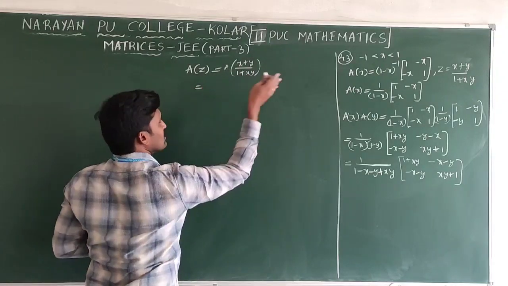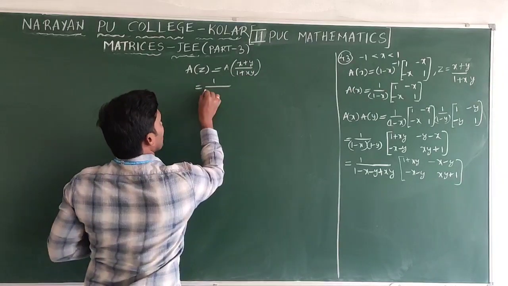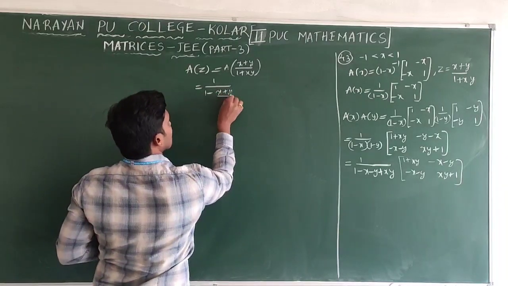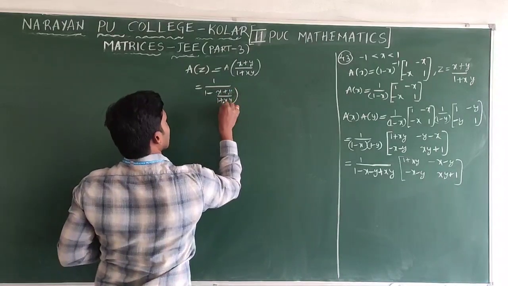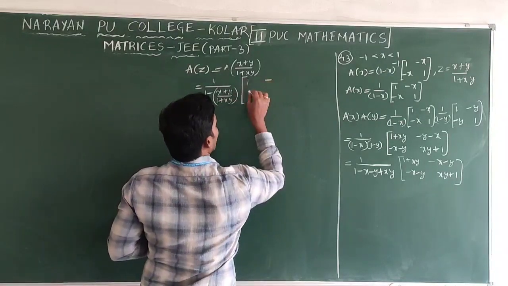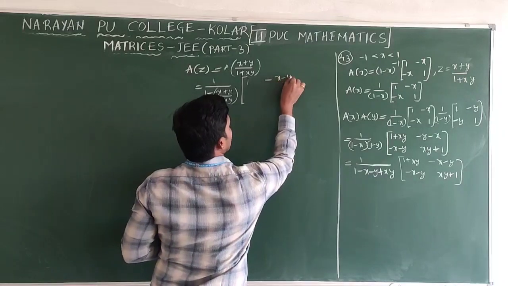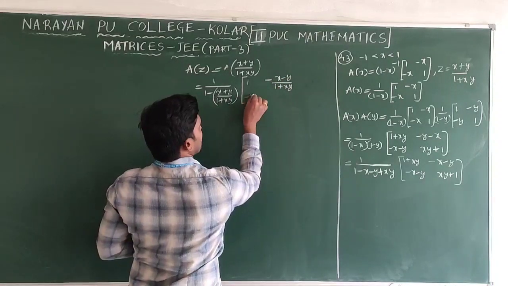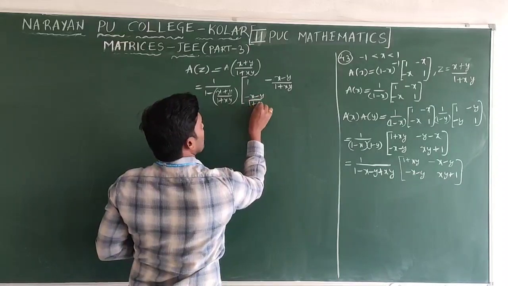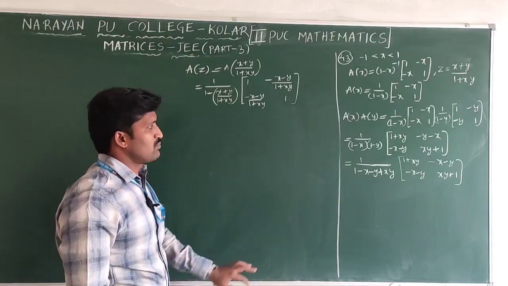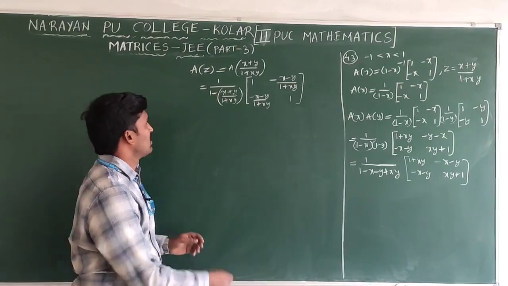Substitute this value in the matrix: 1 by 1 minus x means x plus y by 1 plus xy, into the matrix, where 1 minus x means minus x minus y by 1 plus xy. Next, minus x minus y by 1 plus xy, here also 1. We'll check whether these two values are equal or not.